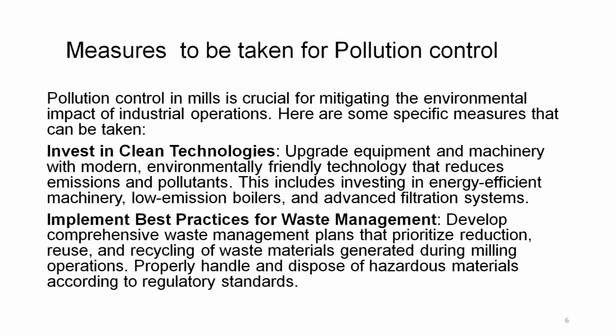Here are some specific measures that can be taken. Now, there are certain set rules for this. Either you follow every one of them or you follow some of them, at least you have to follow some of them.